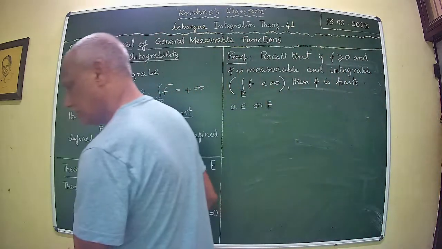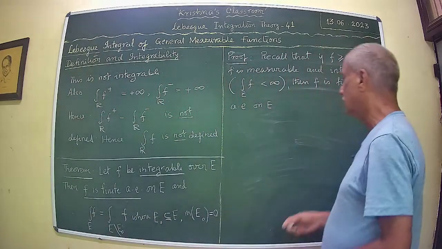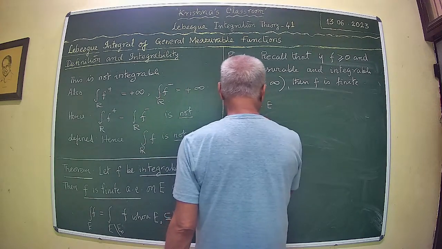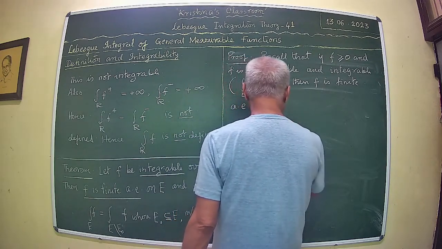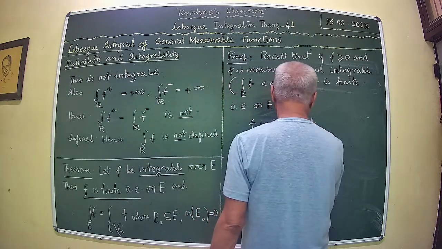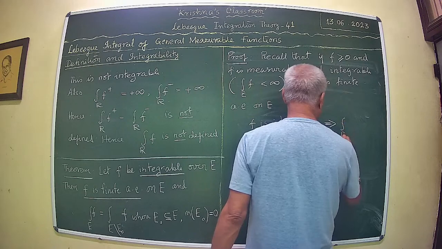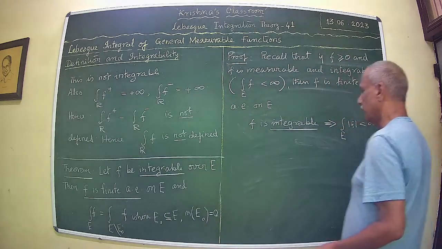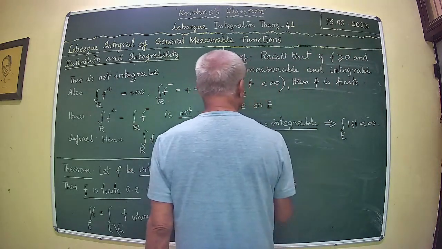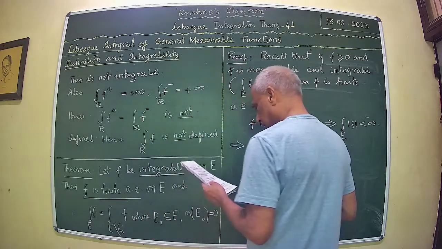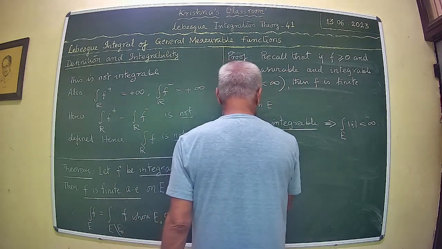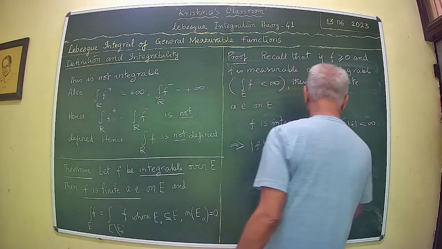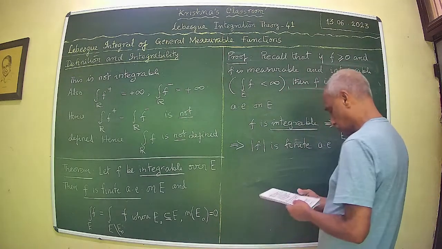Now we are assuming that mod f is integrable. That is the definition, which in turn implies, you can apply this result, and the consequence is that mod f is finite almost everywhere. What does it mean?